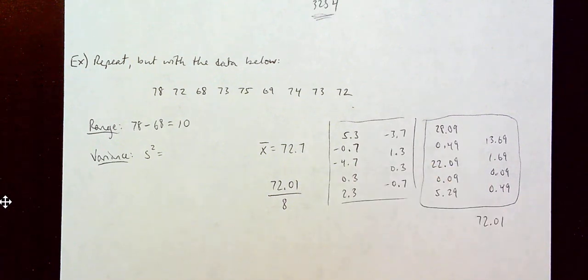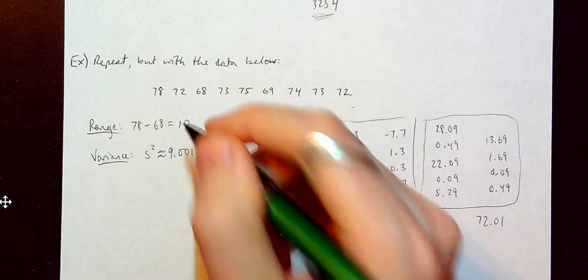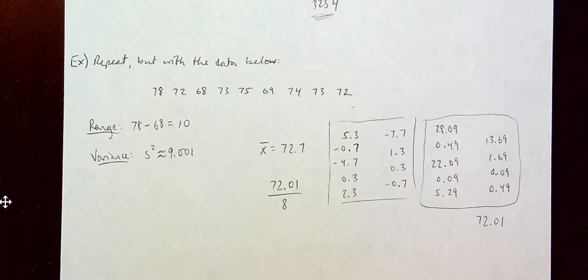And when you do that, rounding to, say, 3 decimal places, you get approximately 9.001. The question would specify to round to a certain number of decimal places. But that's your variance.